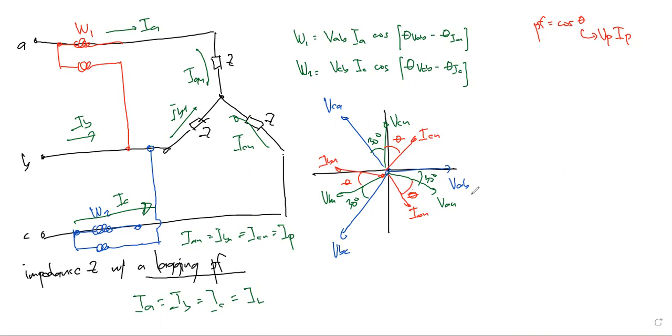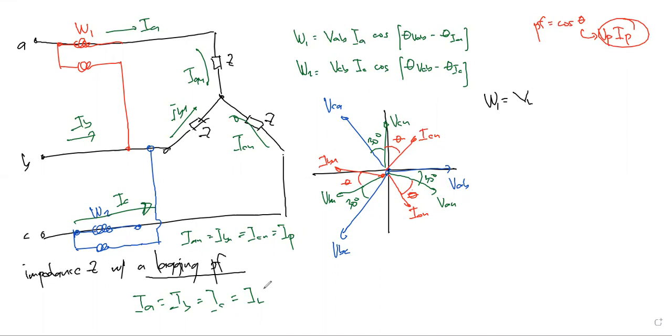Again, the power factor angle is the angle in between VP and IP. So from the phasors we can calculate the reading of wattmeter 1, which can be written as the magnitude of VAB, which is VL, the line voltage.